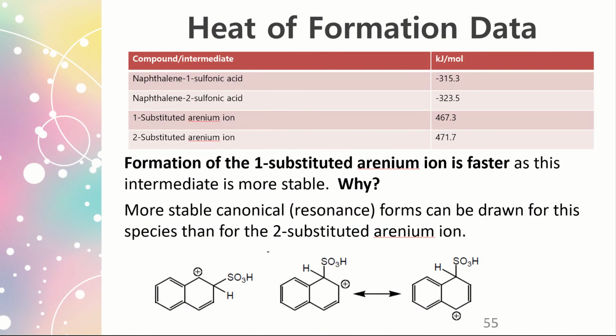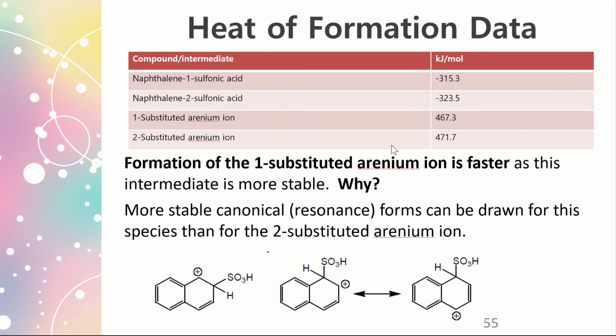All right, so now we're looking at the heat of formation data, and we're comparing the 1 sulfonic acid with the 2 sulfonic acid, and we're seeing here that they're not very different, but different nonetheless, right? Minus 315 versus minus 333.